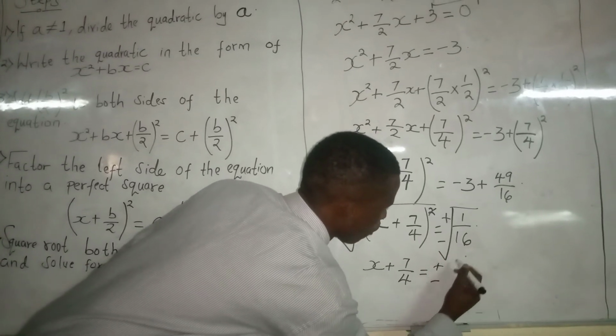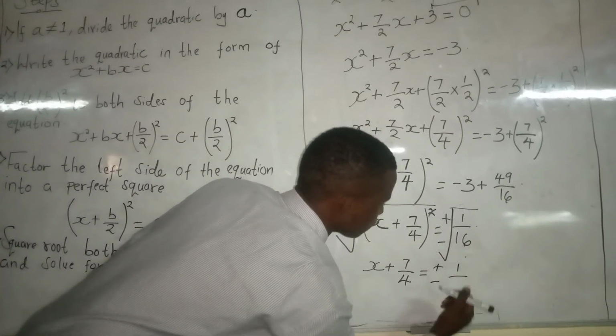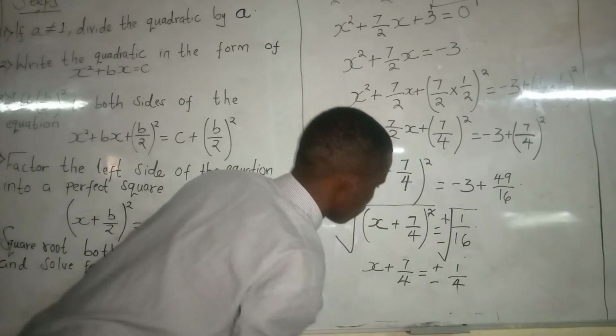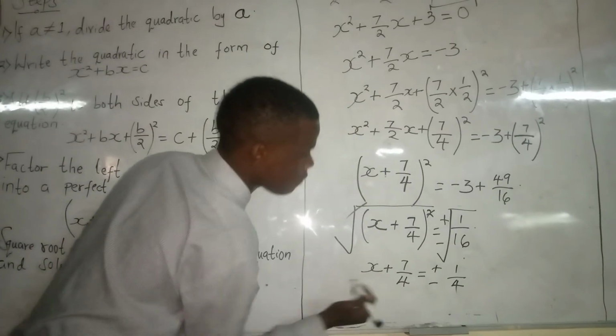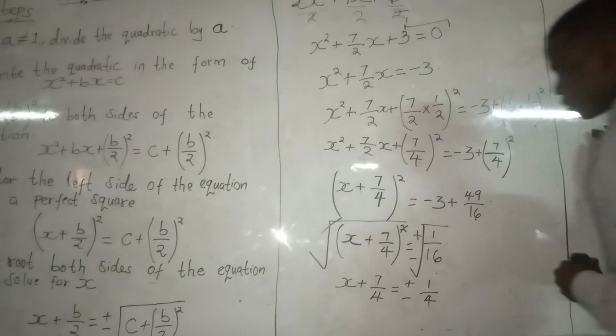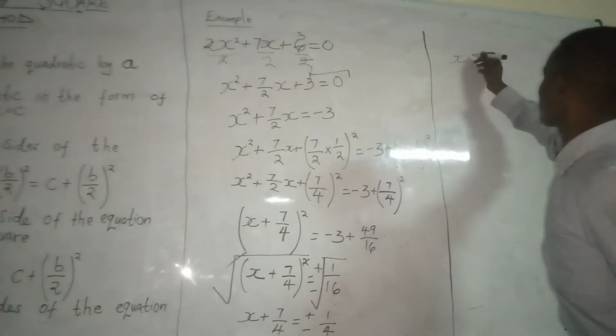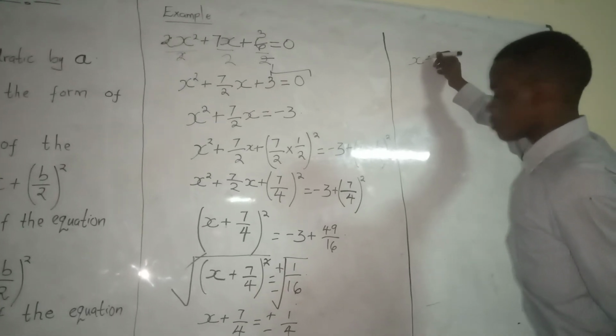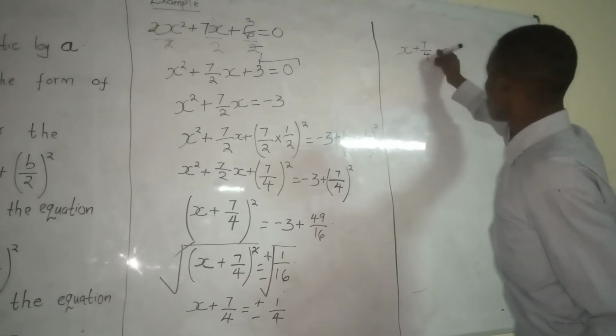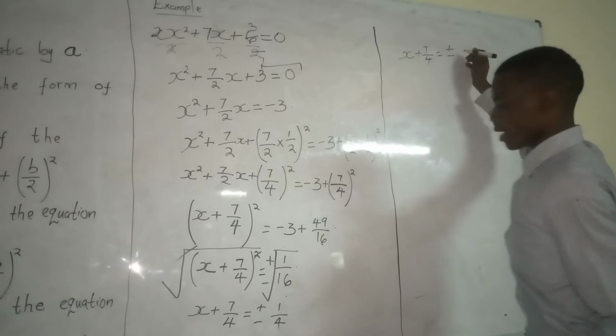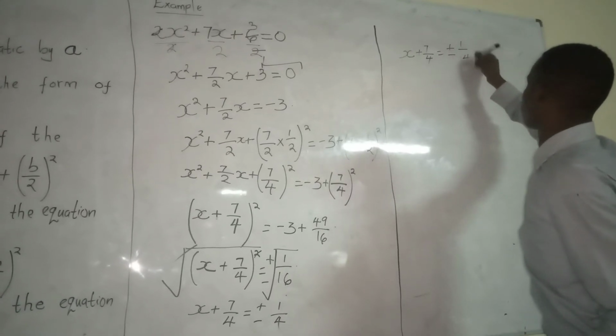The square root of 1 is 1, and the square root of 16 is 4. Now we are going to solve for x. So x plus 7 over 4 equals plus or minus 1 over 4.